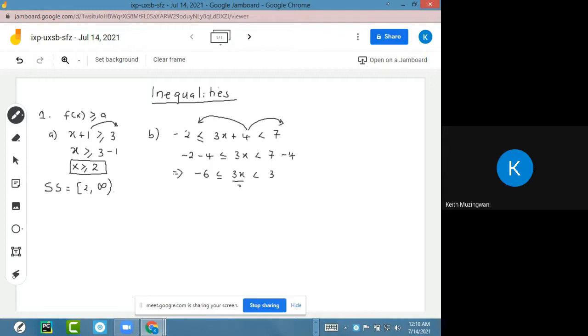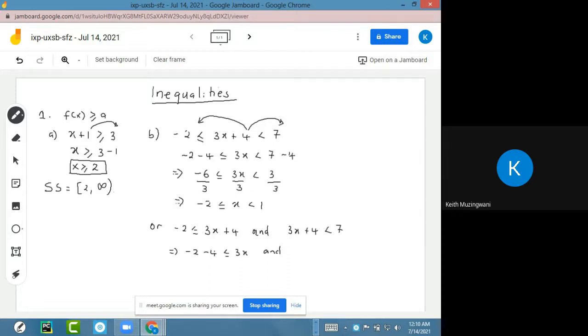And then divide by 3, divide by 3, divide by 3, giving us negative 2 less or equal to x less than 1. This is telling us that we initially had negative 2 less or equal to 3x plus 4 and 3x plus 4 less than 7, giving us negative 2 minus 4 less or equal to 3x.